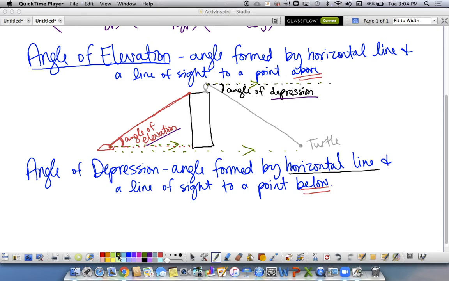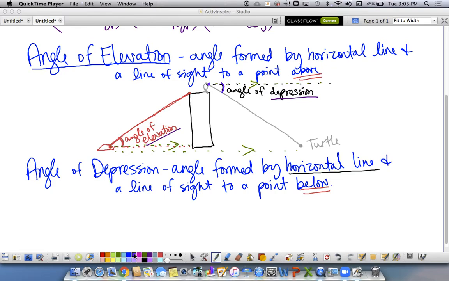Okay. Why does that even matter? Well, it matters in the case of this angle of depression up here, which is on the outside of a triangle. Maybe somebody asks, how far is this person off the ground? I give you a little bit of information and we can find that out.